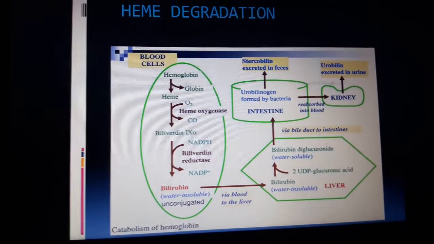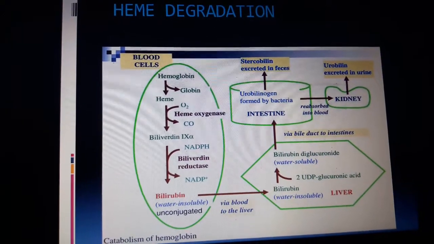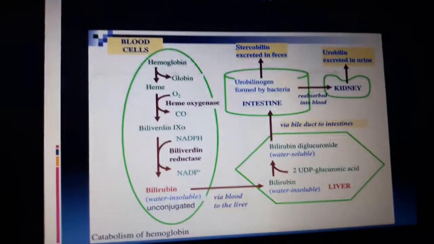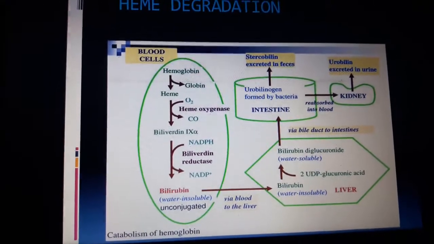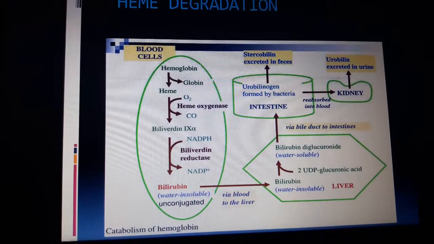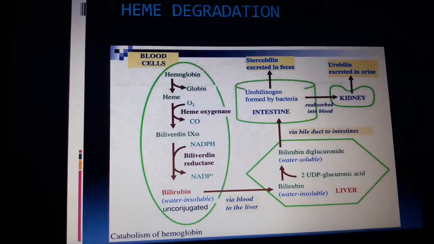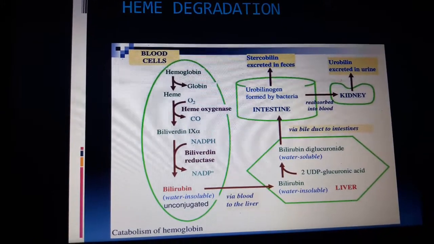So bilirubin is a water insoluble form, that is unconjugated bilirubin. Then it transfers into the liver via blood. Here, water insoluble bilirubin, or unconjugated bilirubin, is converted to conjugated bilirubin.